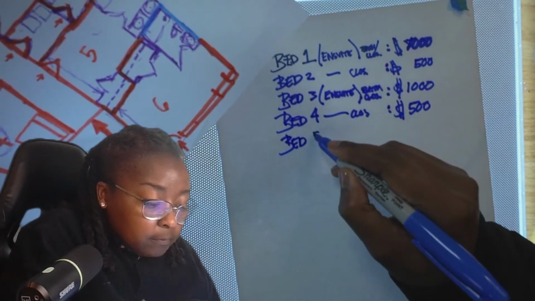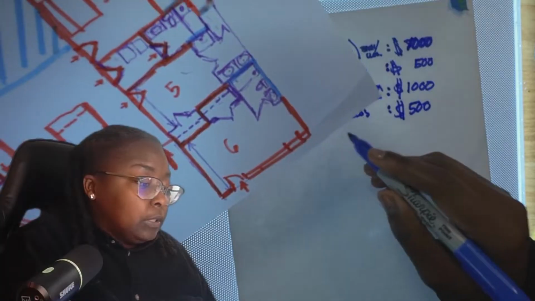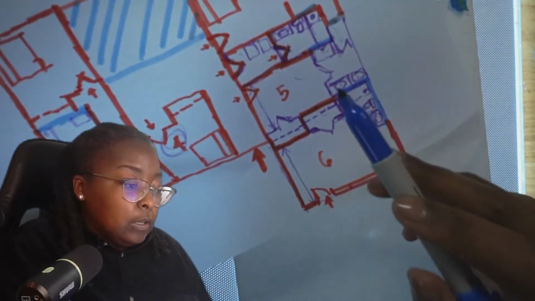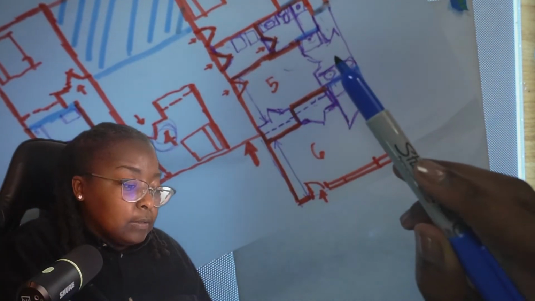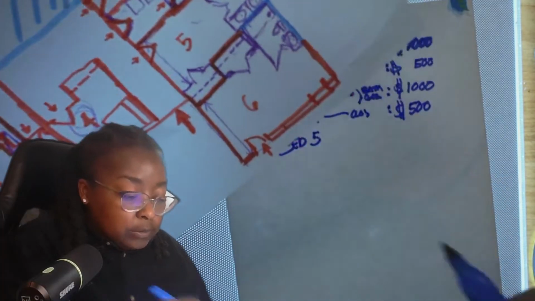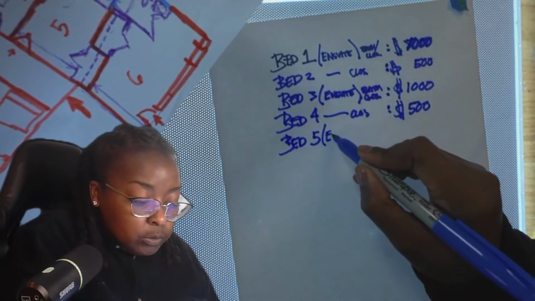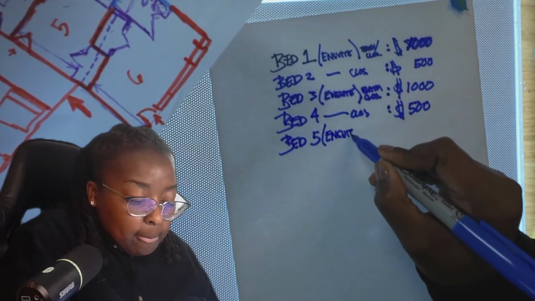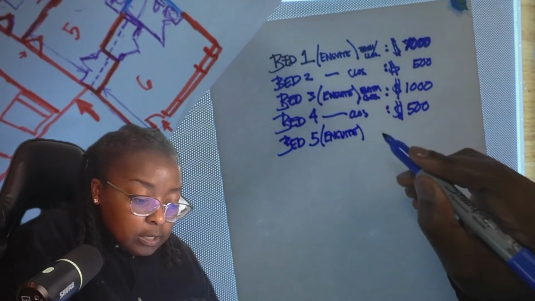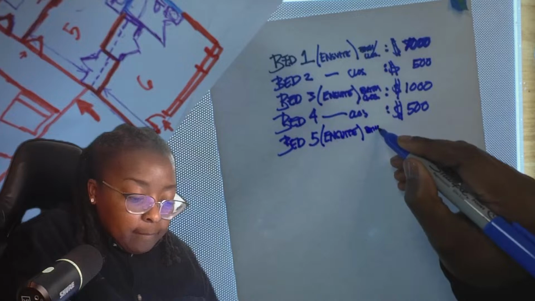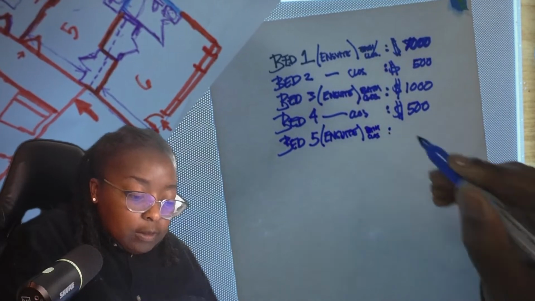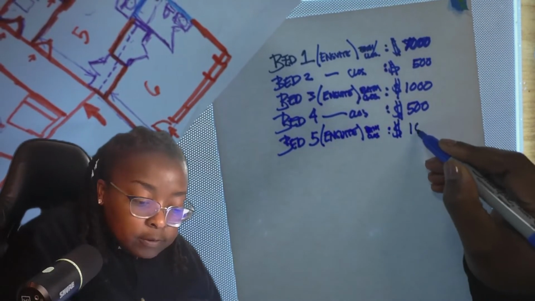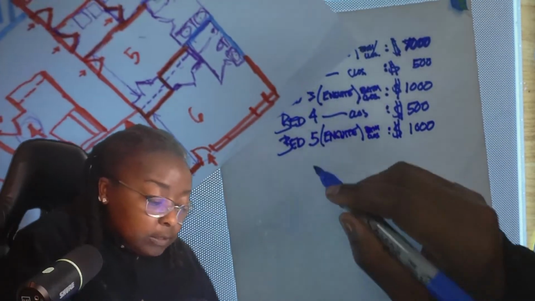Bedroom number five has this bathroom and closet, so that's also an en suite. We're able to convert that. That is now at $1,000 of rent, cash flowing.